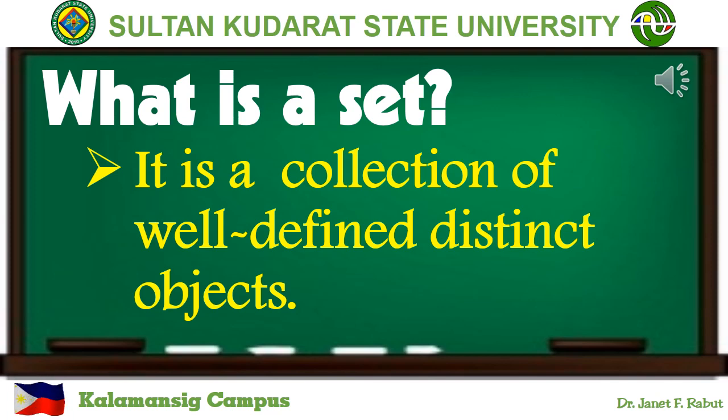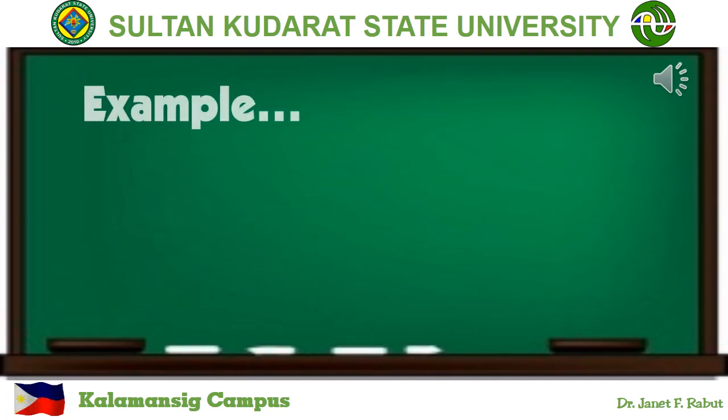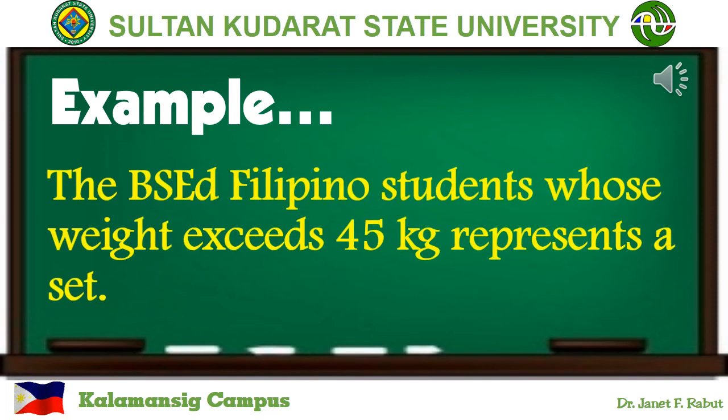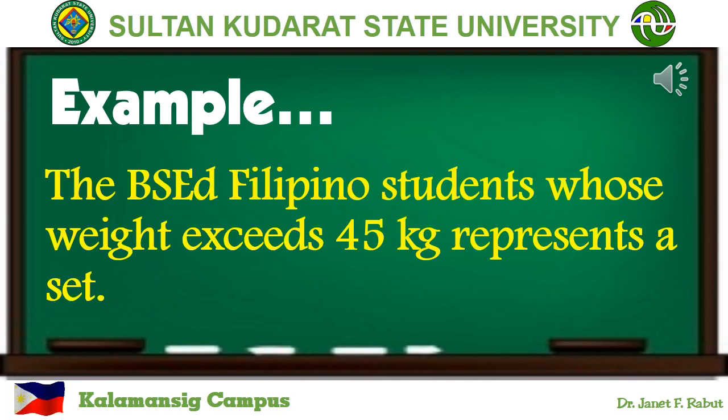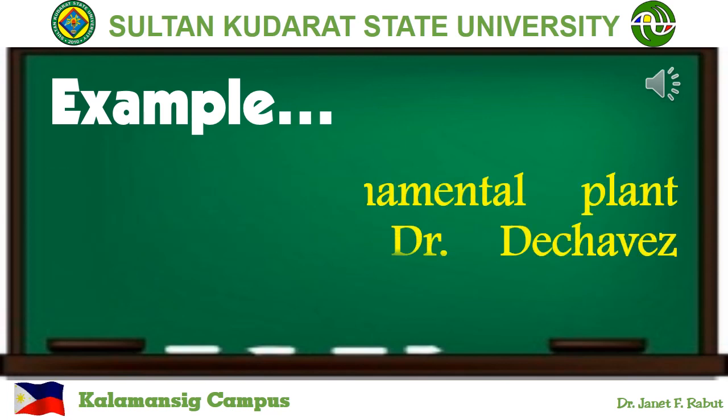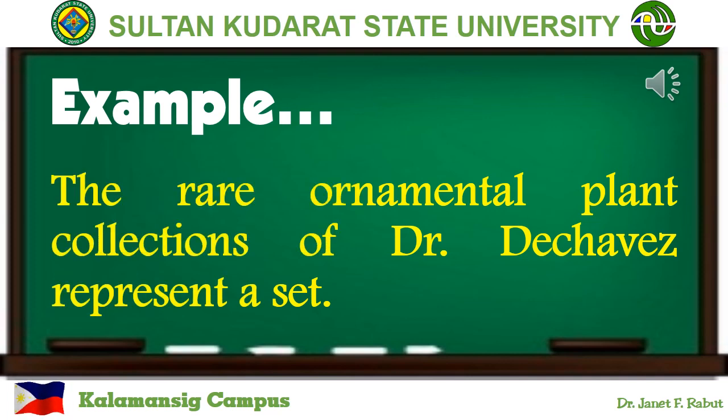The word distinct means that the objects of a set must be all different. For example, the BS Ed Filipino students whose weight exceeds 45 kilograms represent a set. Another example, the rare ornamental plant collection of Dr. De Chavez represents a set.